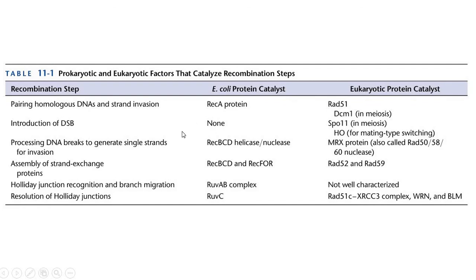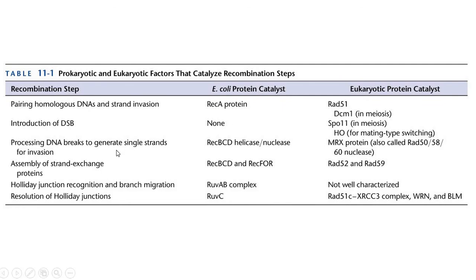Introduction of double-stranded breaks, we don't know what causes these double-stranded breaks in E. coli, but in eukaryotes it's SPO11 which causes these double-stranded breaks in meiosis. HO, as I mentioned, is also very specific, and causes double-stranded breaks in mating type switching in yeast.